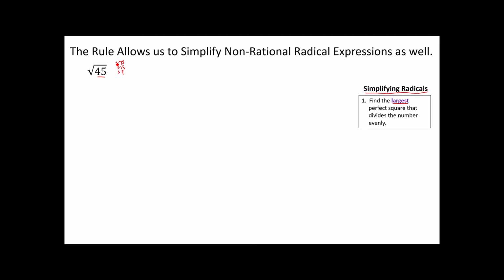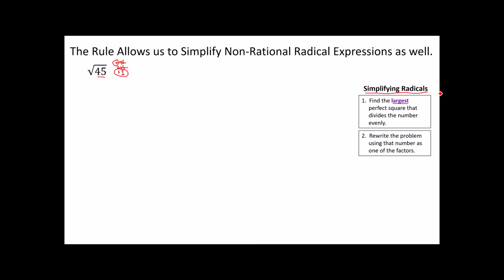So I look up here and I say 1 times 45, those are not perfect squares, and, well, 1's a perfect square, I guess, but that wouldn't really make this any simpler. 3 and 15, neither of those are perfect squares. But when I get down to this 5 and this 9, I notice that 9 is a perfect square. In fact, it's the largest perfect square factor of 45.